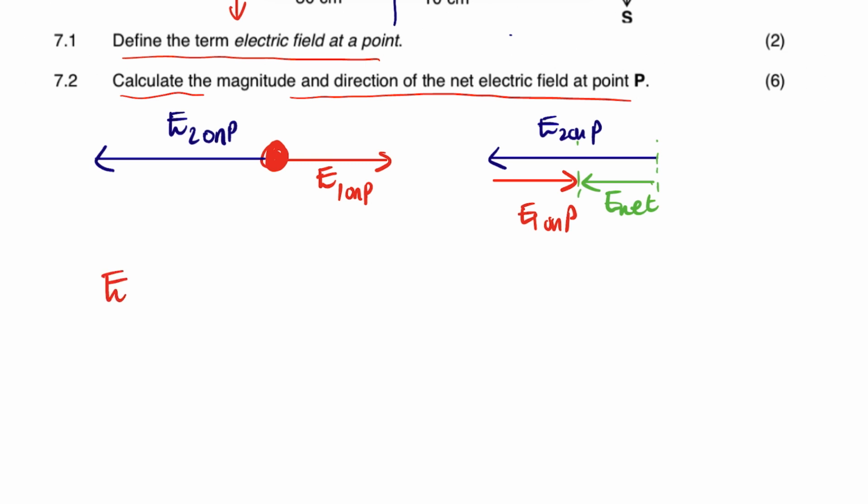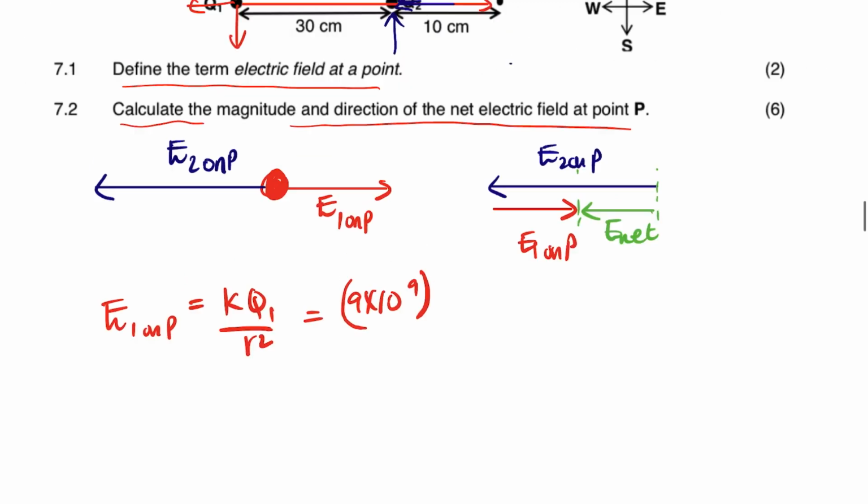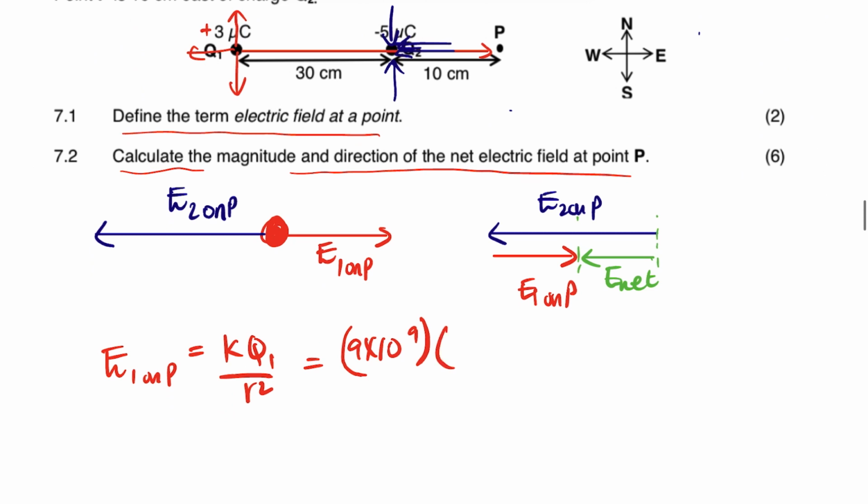the electric field of Q1 on P. Write the formula kQ1 over r squared, and then we substitute k, and then we substitute Q1, which is 3 microcoulomb, and then the distance between them.